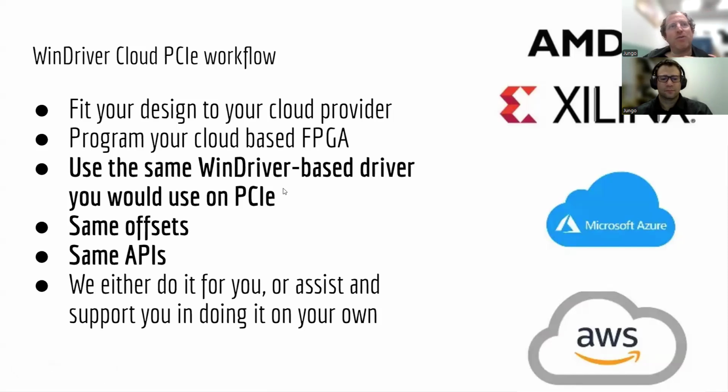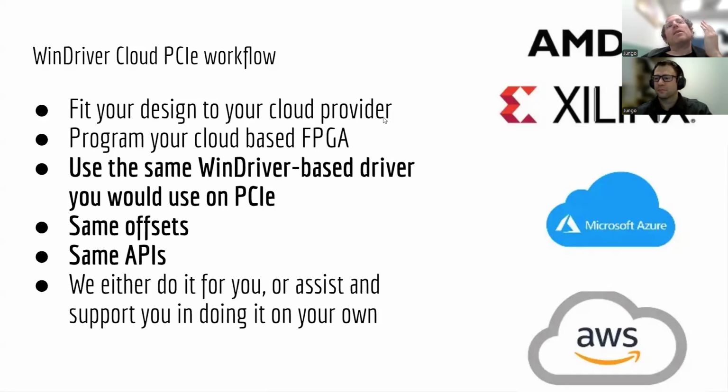It's not that easy. And why is it not that easy? Because you need to fit your design to your cloud provider. And the problem is that if you have a design, specifically in this webinar, we're talking about AMD because currently only AMD actually provides cloud instances of their FPGAs, but we know that Altera is also working on that as we speak, and it's going to become available soon.